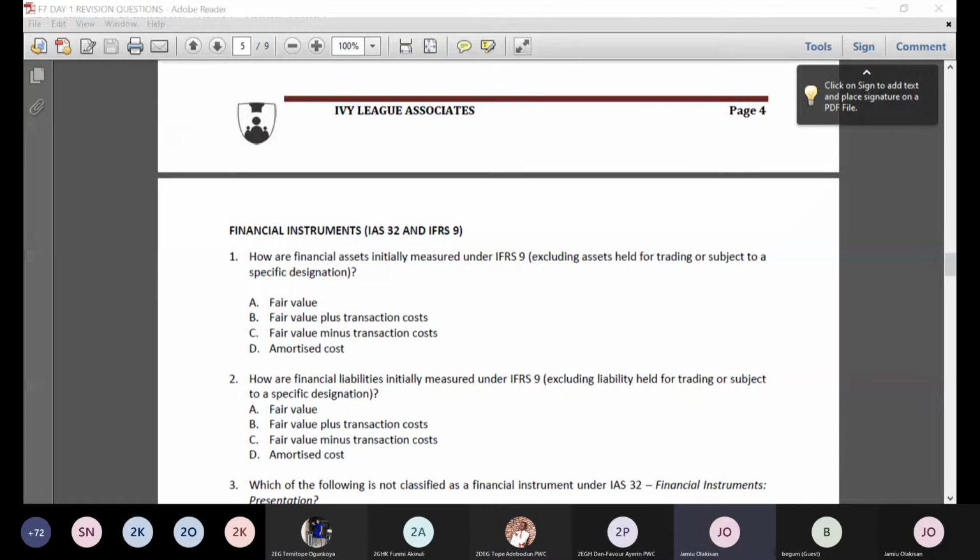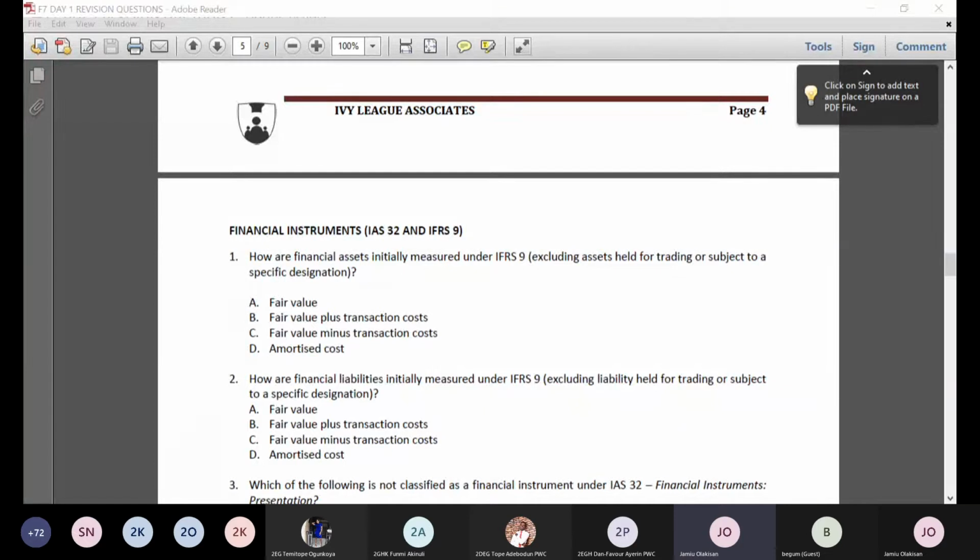What is this amortized cost? If you guys remember the question we solved today, that convertible loan note, working 1A in that question was split accounting. Then working 1B, I said subsequent measurement of the 6% loan note at amortized costs using effective interest method.